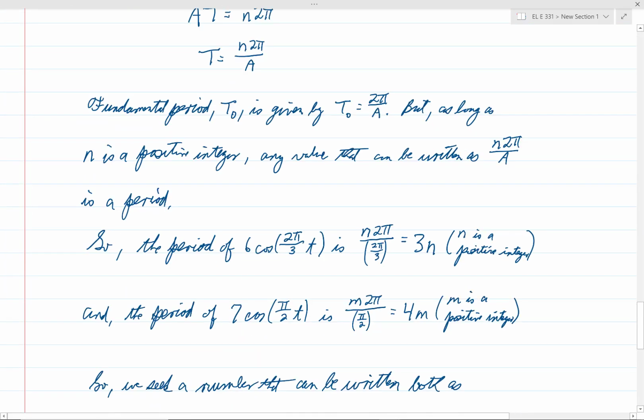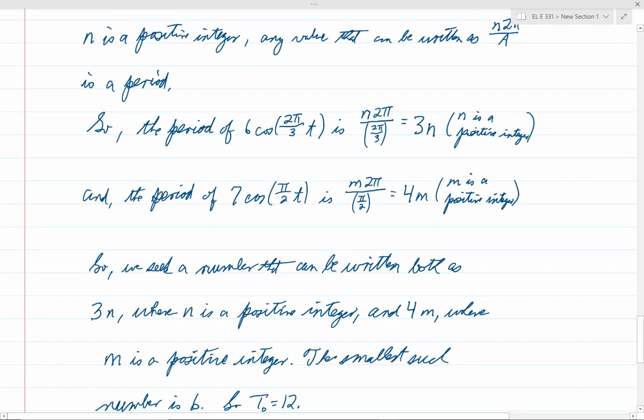And that's the reasoning that we're going to use. We have found out that the first term will repeat if we increase little t by an amount 3n, where n is any positive integer. And the second term will repeat if we increase little t by 4m, where m is a positive integer.